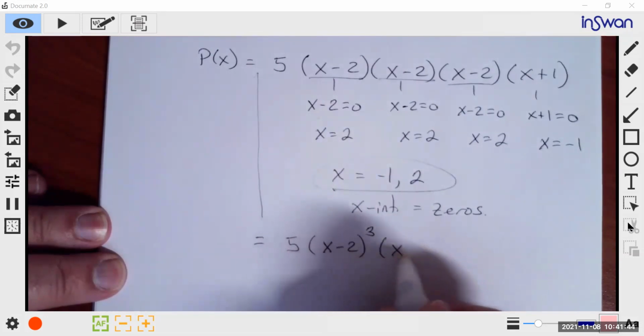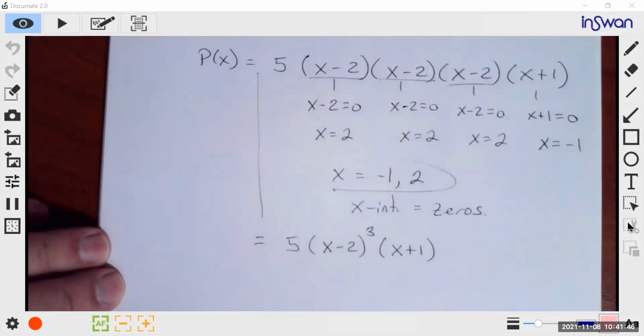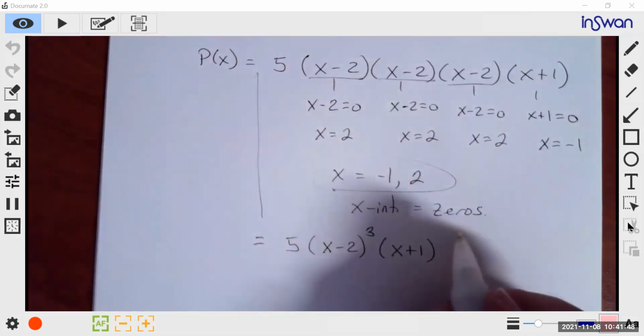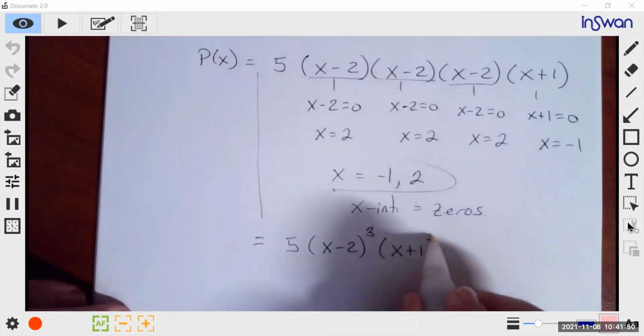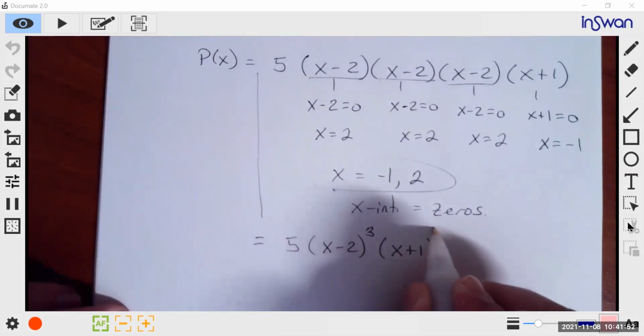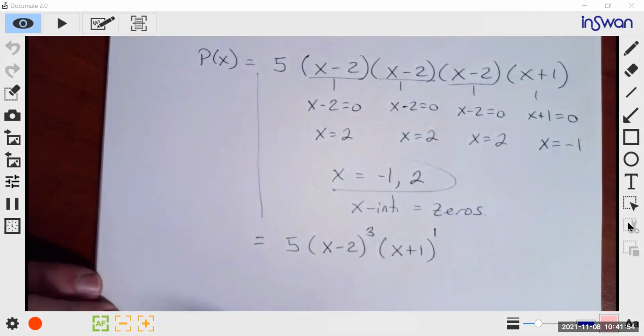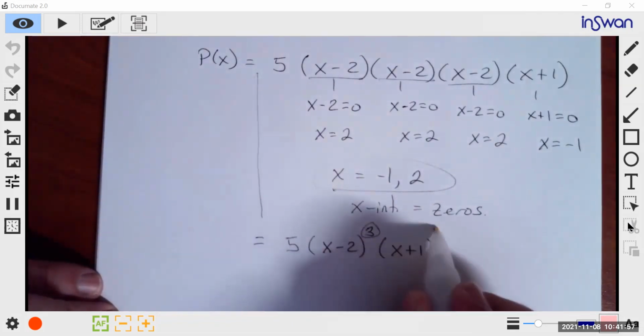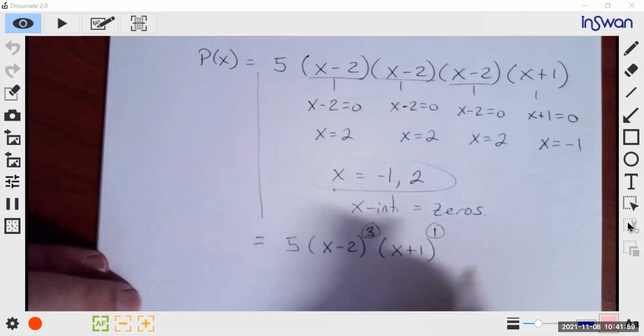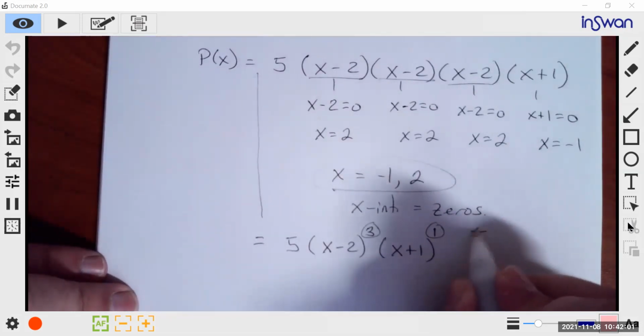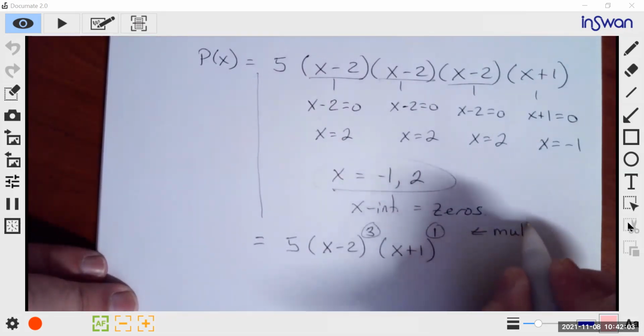And then we have 1x plus 1. And what's the exponent of this one? How many times does it occur? Once. These numbers, these exponents, are what are called multiplicity.